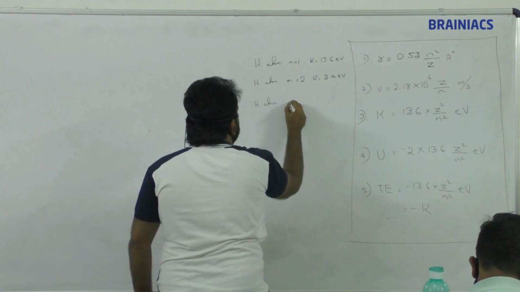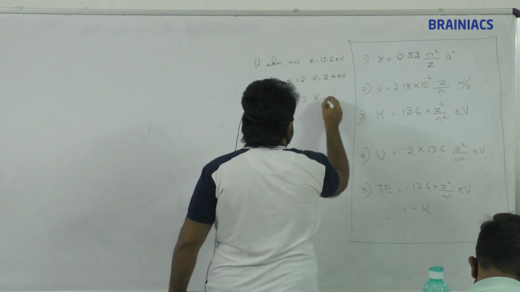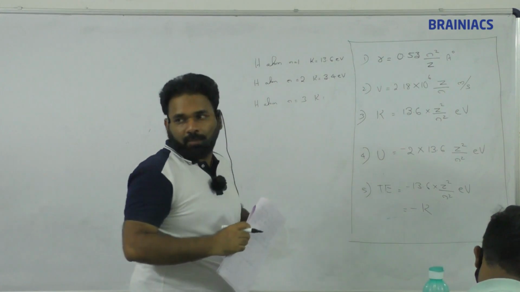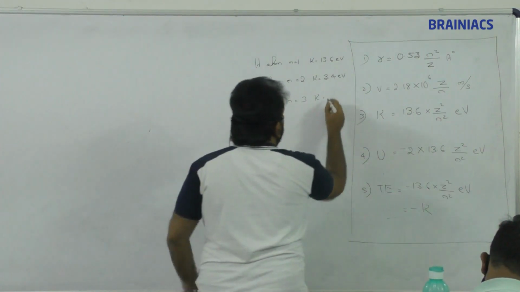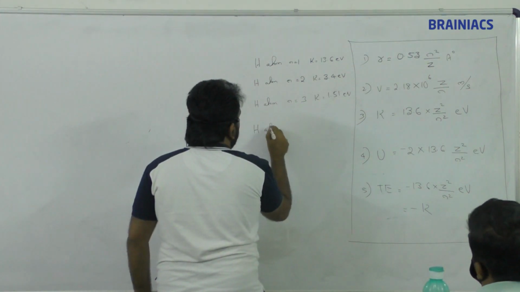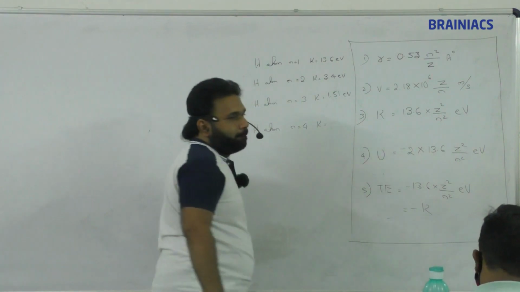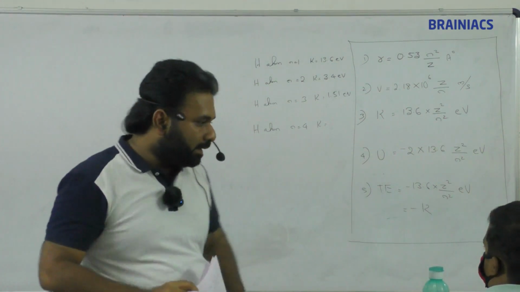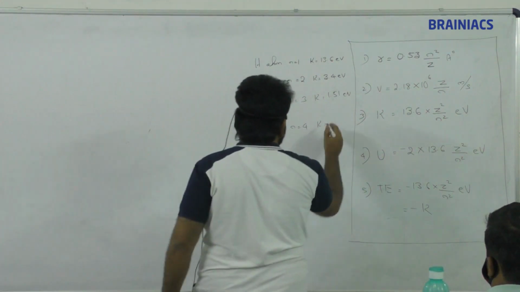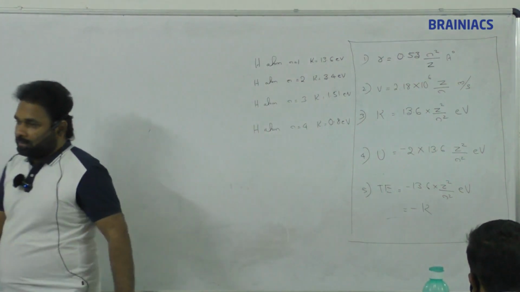Hydrogen atom, N equal to 3, that is the second excited state. What is the kinetic energy? 1.51 electron volt. Now one more. N equal to 4, what will come? 0.85 electron volt.